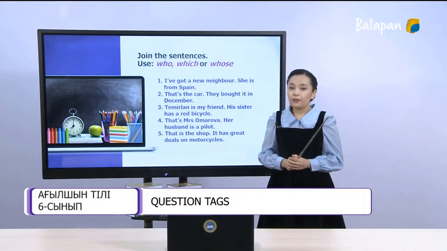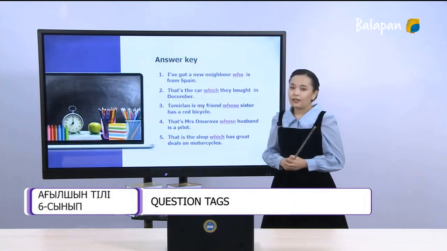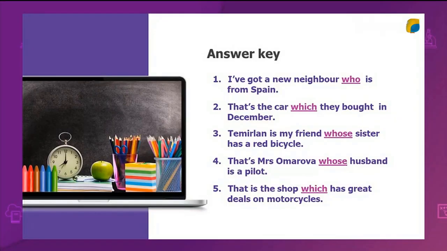Boys and girls, if you're ready, let's check. Number 1. I've got a new neighbor who is from Spain. Number 2. That's the car which they bought in December.